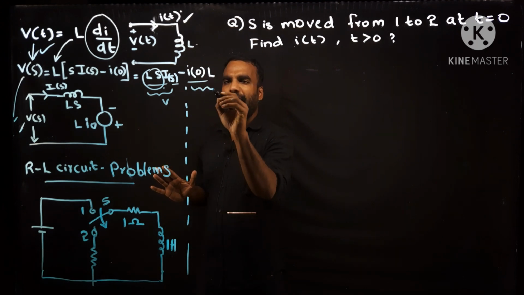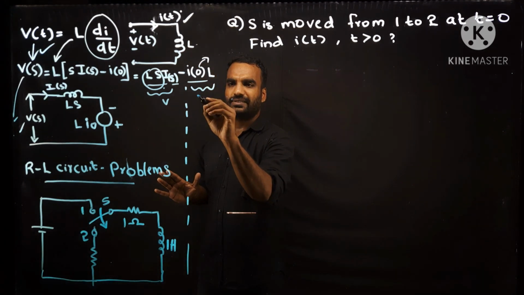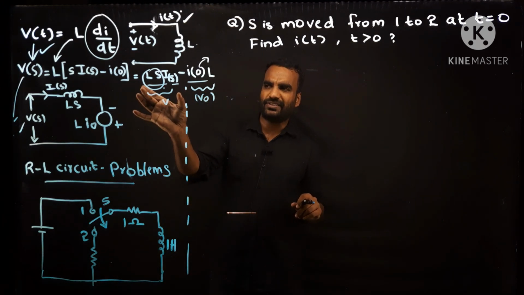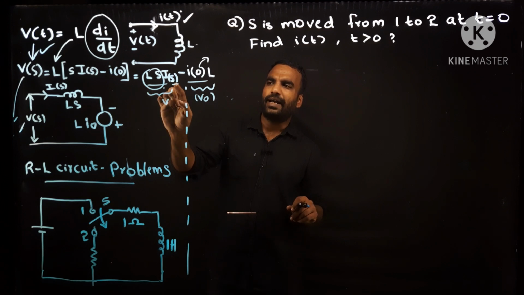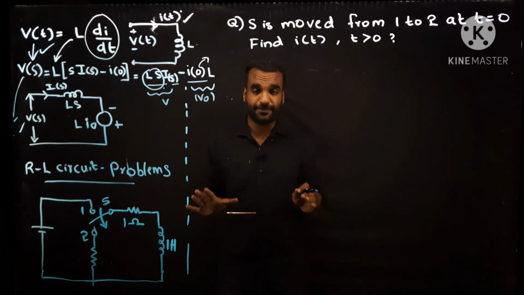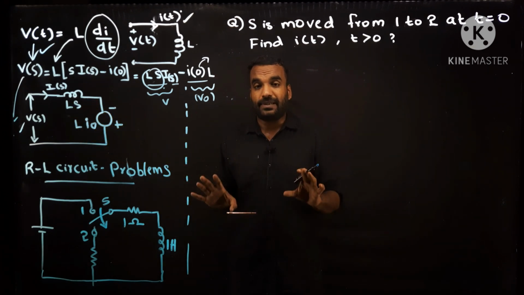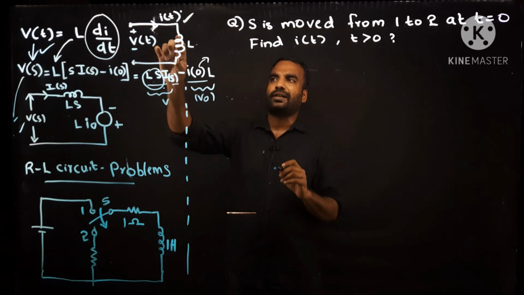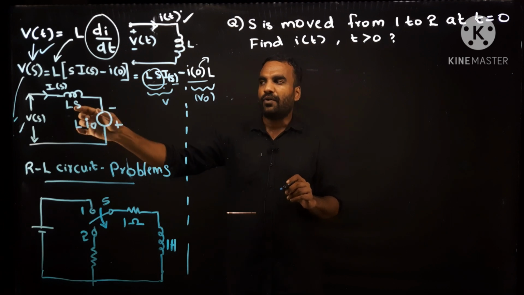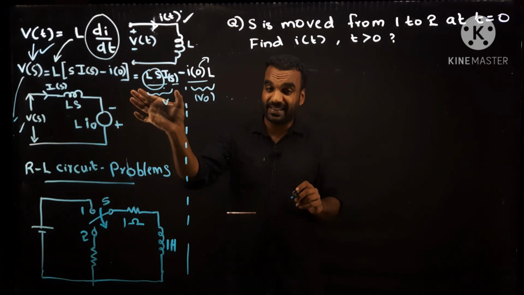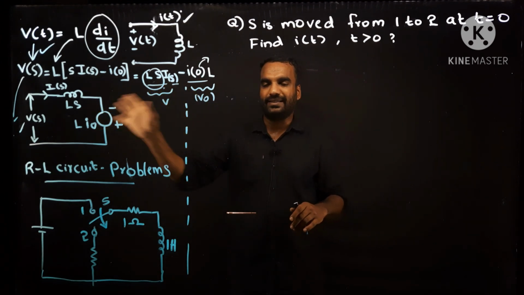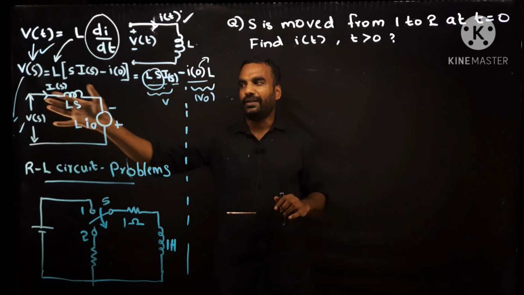So this will be L i0, where 0 means initial. This represents the initial voltage condition. The first portion can be represented as current I of s passing through Ls. Ls is nothing but the impedance of that inductor. In a normal circuit, you can represent it just by an inductor, L into i of t. But in such a circuit, you have to show Ls because its equation says so. As the equation is in this form, we are drawing like this. That is the concept, Ls into I of s.